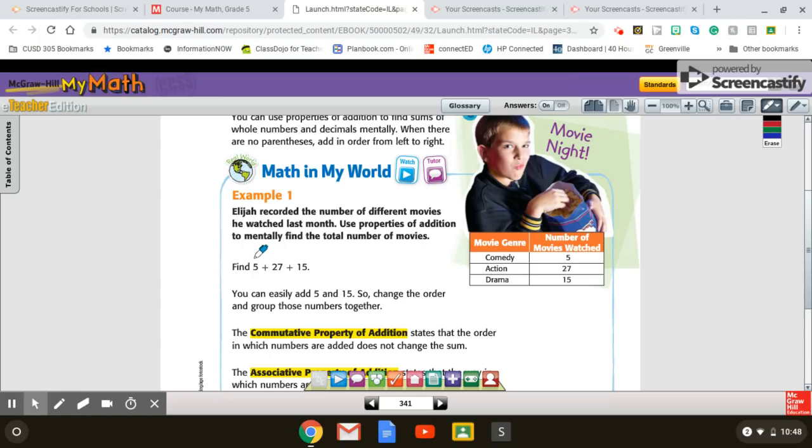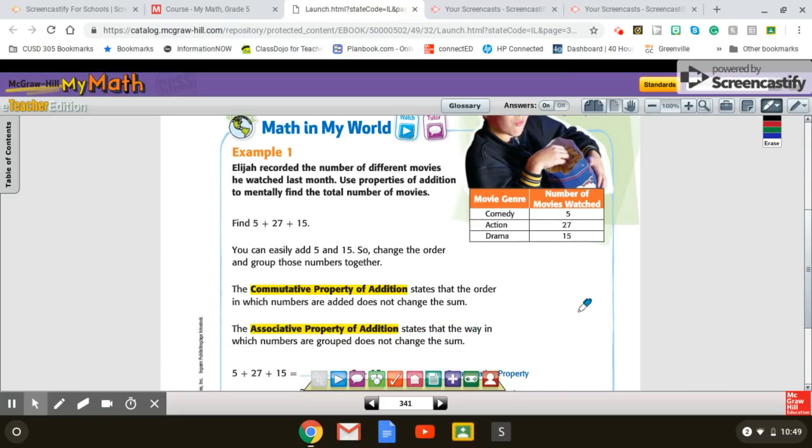No matter which way you do it, just reordering the numbers does not change the sum. So that's the first property, the commutative property of addition. Go ahead and make sure that's written down on the first blank in your notes.